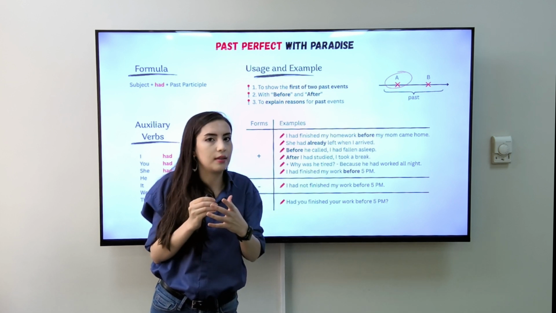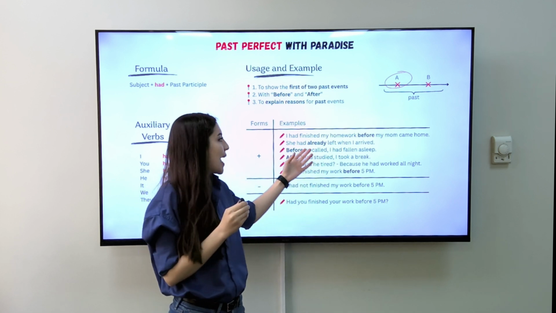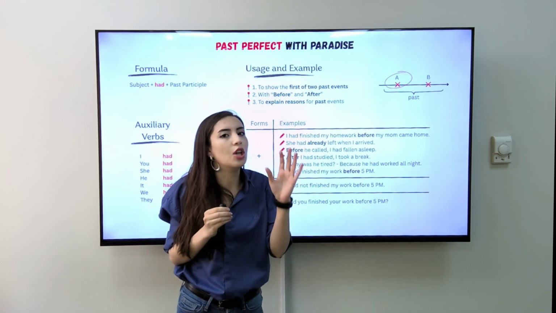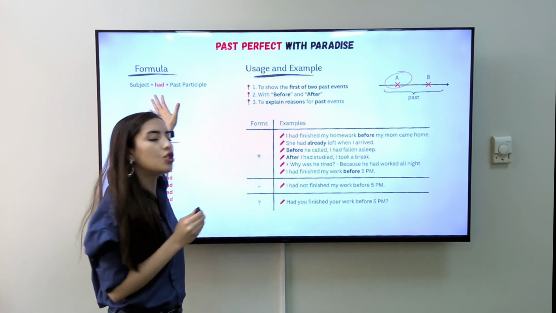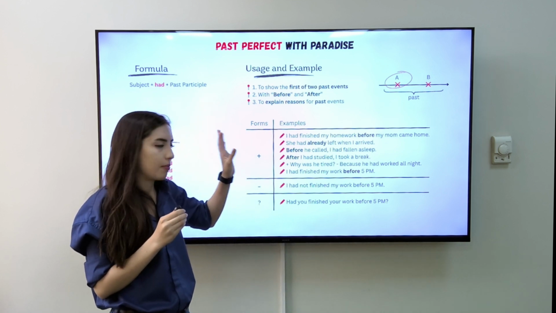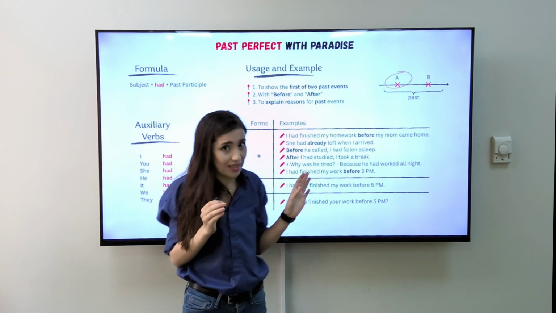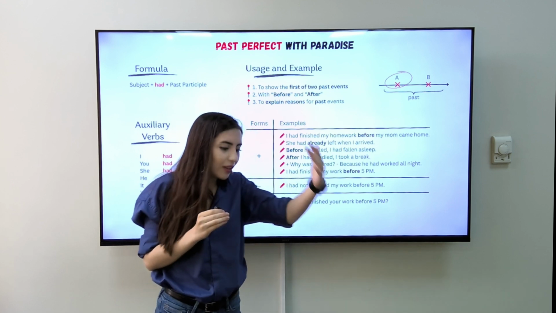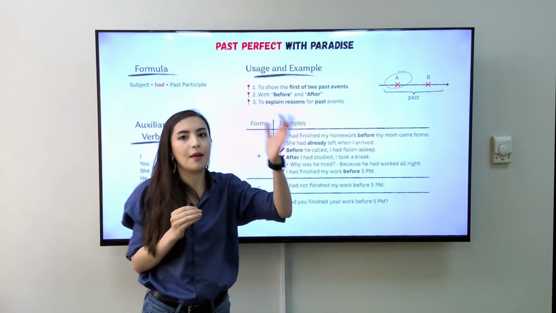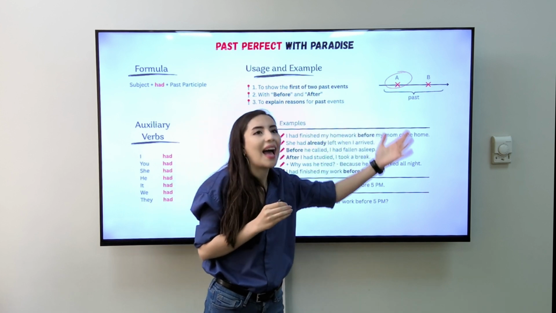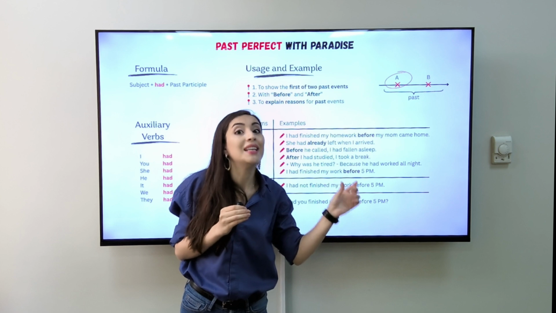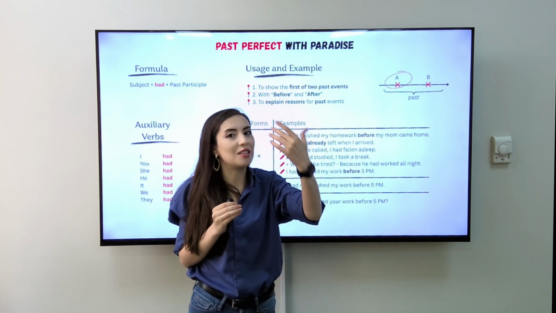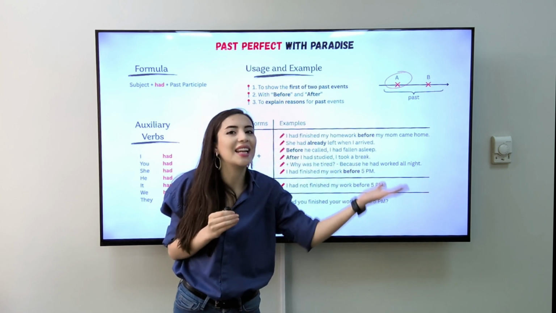I own this microphone. But in this case, this had is not talking about ownership. It's just the auxiliary verb. So makes sense. In the following videos, I'll tell you that, for example, when I say he had an accident, the first had is the auxiliary verb. The second had is the main action, having an accident.